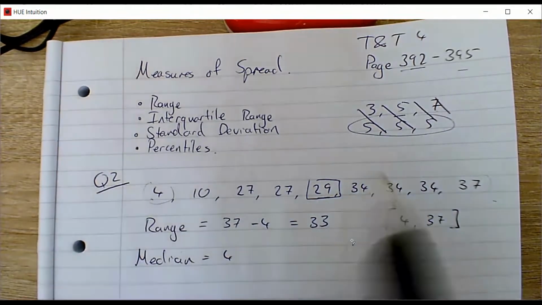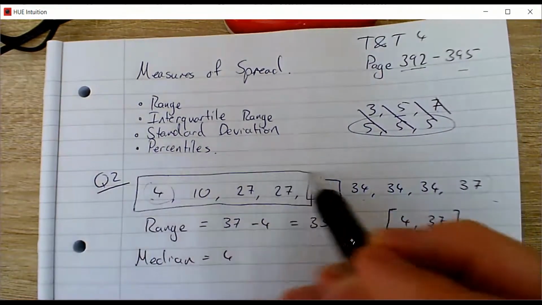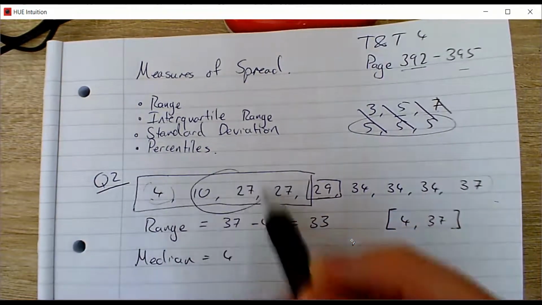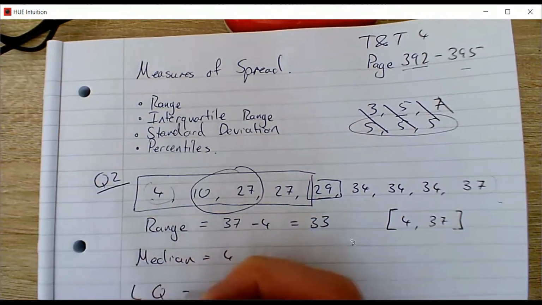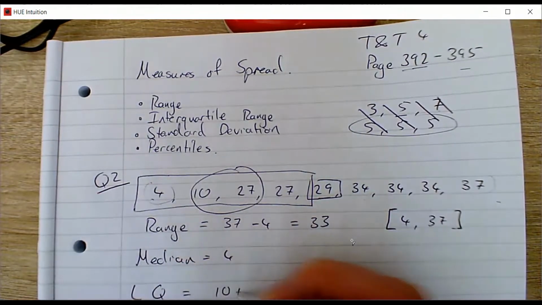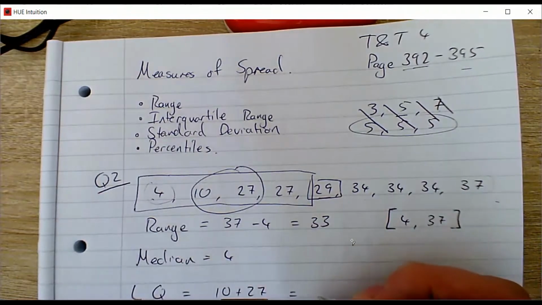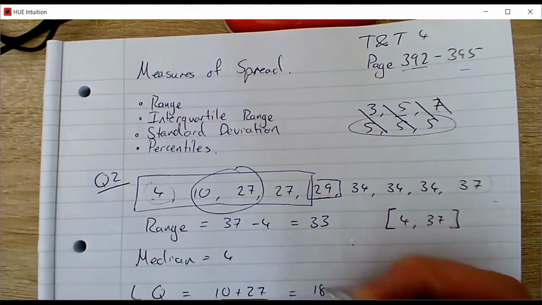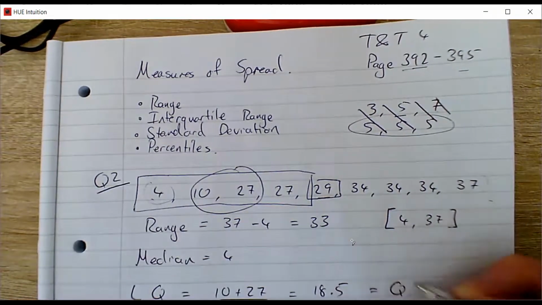And the lower quartile is if you take the bottom half of your data, so these 4, it's the median of that half. So the lower quartile, LQ I'm going to call it, 10 plus 27 over 2. 37 over 2 is 18 and a half. Okay, that's sometimes called quartile 1 as well.